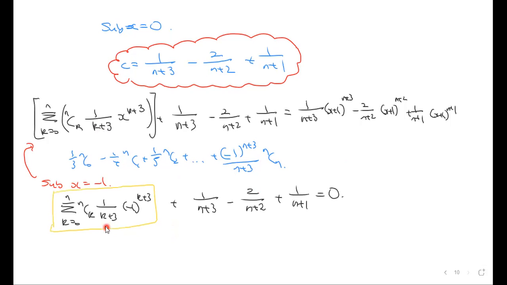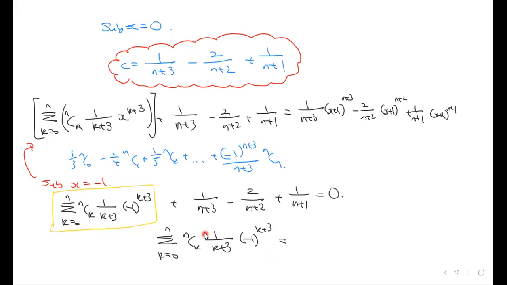Which means what we're trying to get, this thing that we're trying to get, the sum from k equals 0 to n of nCk, 1 over k plus 3, -1 to the k plus 3, which in other words, taking a look term by term, when you sub k equals 0, it's nC0, 1 over 3, -1 to the power of 3.